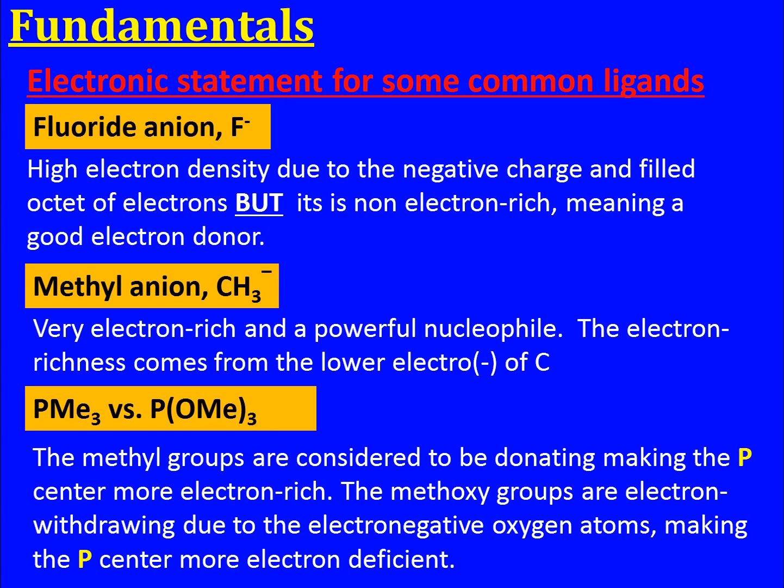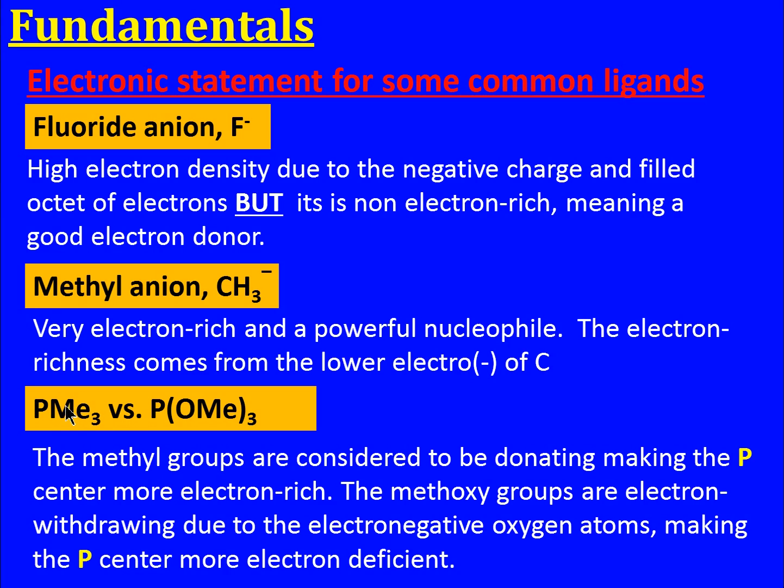P(CH3)3 is a good sigma donor. PO(CH3)3 is a poor sigma donor, a poor donor. Phosphorus does not have high electronegativity. So by theory, phosphorus can give its lone pair to any metal center.